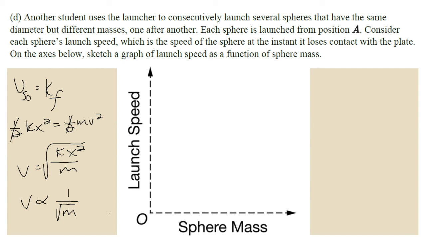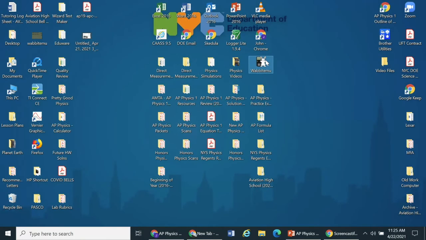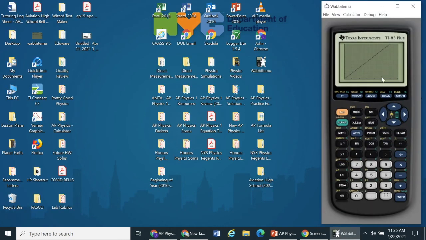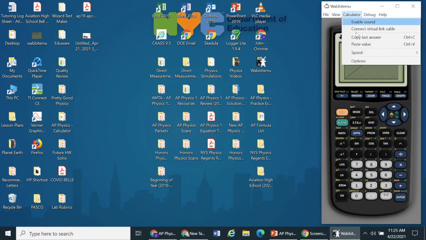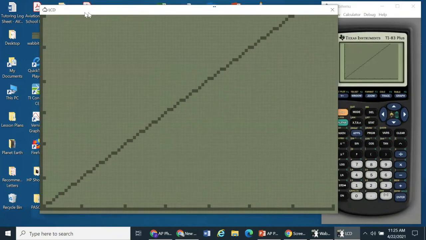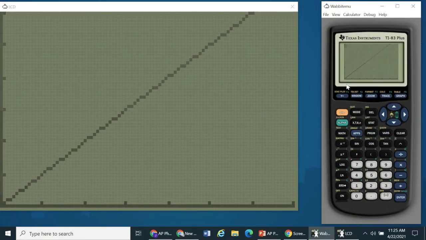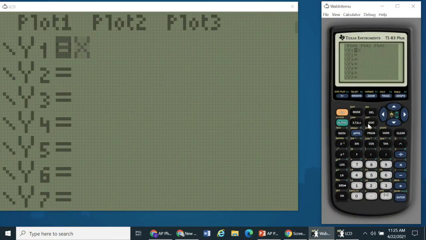Now, you should have a sense of what an inverse relationship looks like on a graph already, but if you don't, remember, you have a calculator. Use your calculator to determine the shape of the graph. Notice that's what I was just telling the honors kids. If you plot y equals 1 over the square root of x, you'll be able to see that relationship.